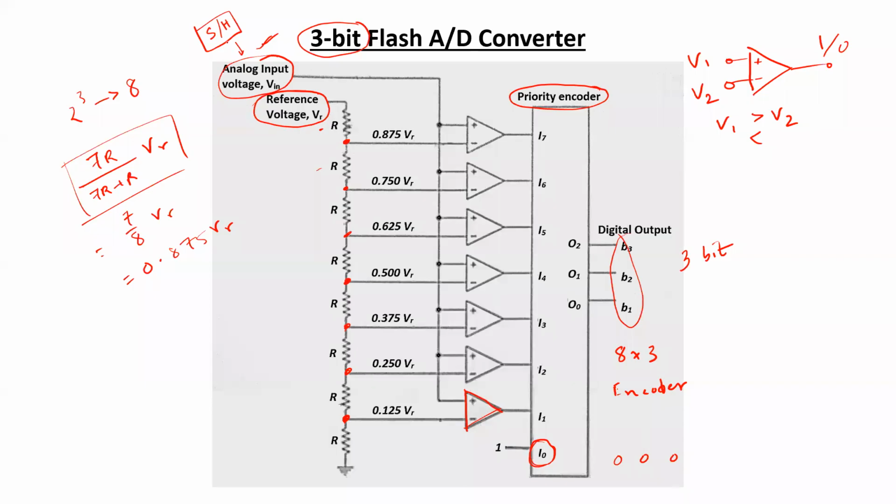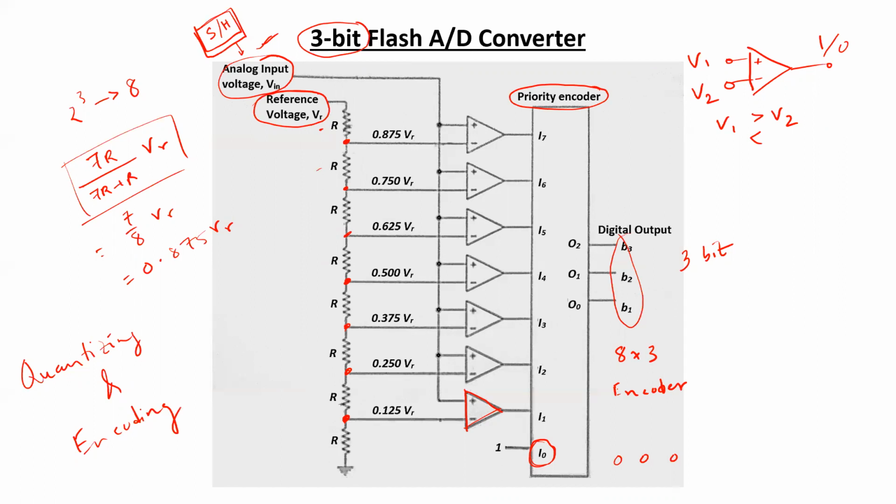Now, I said that the analog input which is connected over here is the analog signal after it has passed through the sample and hold circuit. So this arrangement is actually doing the quantizing and encoding operation. So definitely you can now suggest what the purpose of a quantizer is: it creates a finite number of quantized states.